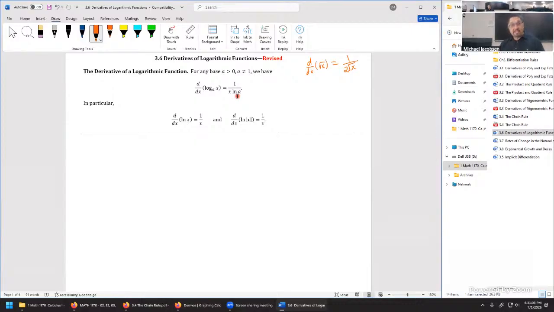But if the base is e, we know that the natural log of e is 1, and so it simplifies to this nice formula. The derivative of the natural log of x is just 1 over x, a really friendly formula in a certain sense, which is going to cause all sorts of interesting havoc later on when we look into antiderivatives and integration.